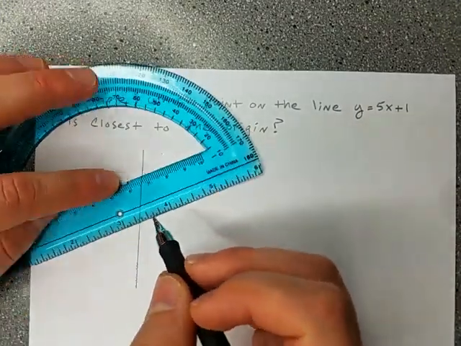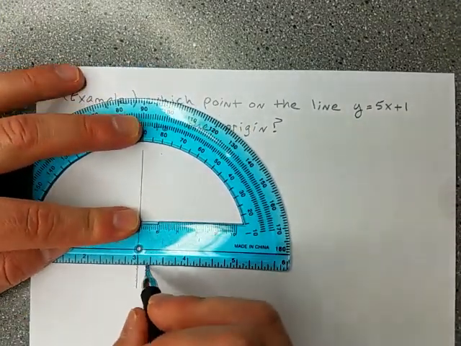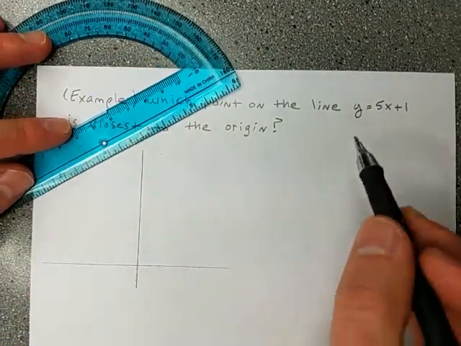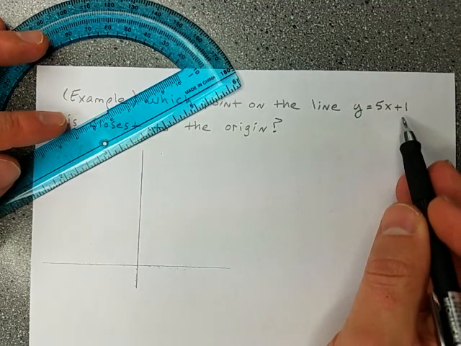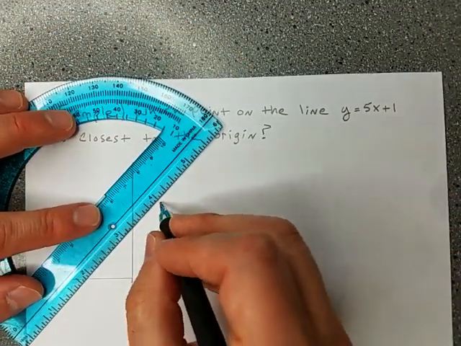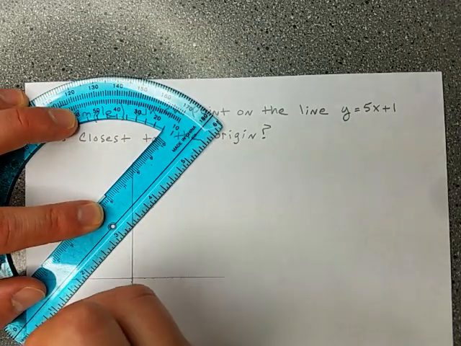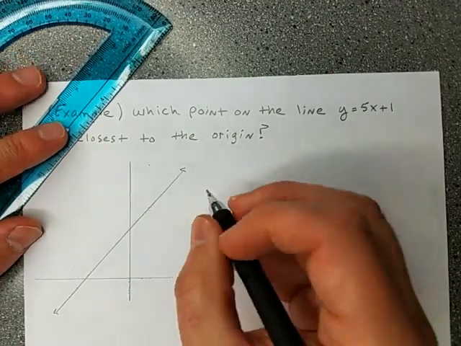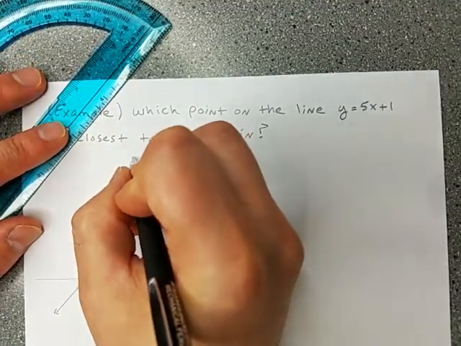So how about this? This one sounds a little bit visual, so I'll put a graph. The line 5x plus 1 is a line that has a y-intercept of 1 and a slope of 5. And so it would look, I won't draw it perfectly to scale because I don't think that would really help in this case, but there it is. Something like that.